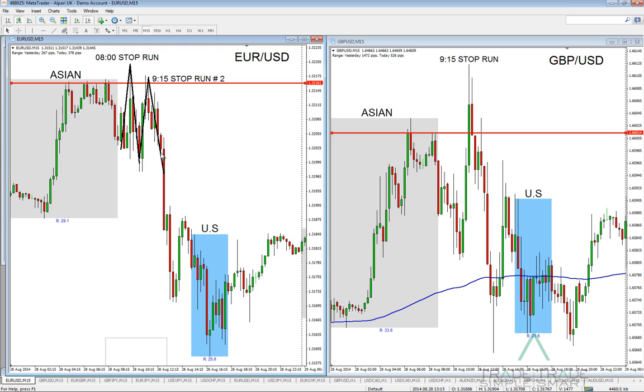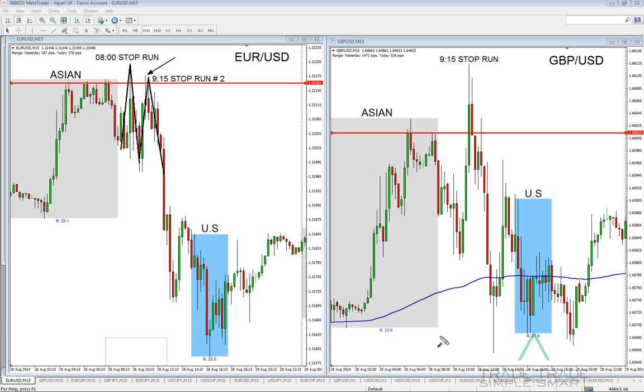So we have the first stop run take place at 8 o'clock, which is the first leg of the M formation, and then we get a second test of the Asian highs, which forms the shorter M formation at 9:15.